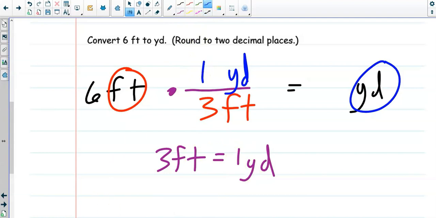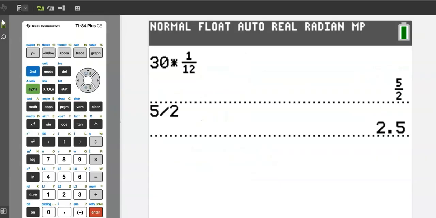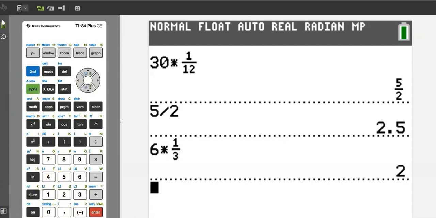So you take 6 times 1/3. Enter. And there's your answer. 2.